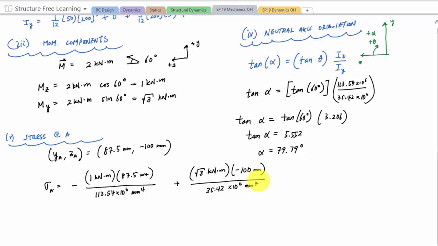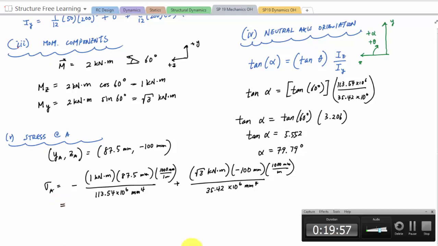I'm going to have to do a unit conversion. I want to convert meters to millimeters, which is more convenient here, so 1,000 millimeters per meter, and then 1,000 millimeters per meter. Now I can calculate this. I hope I hit record.